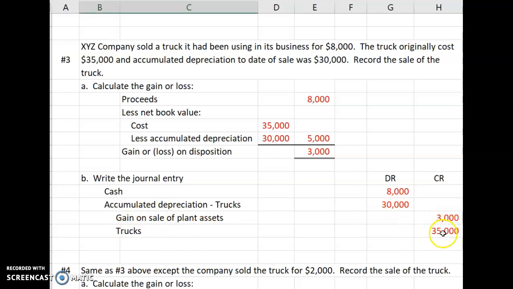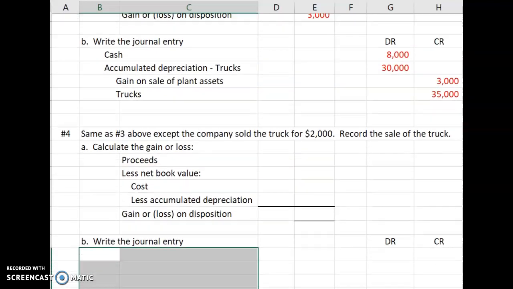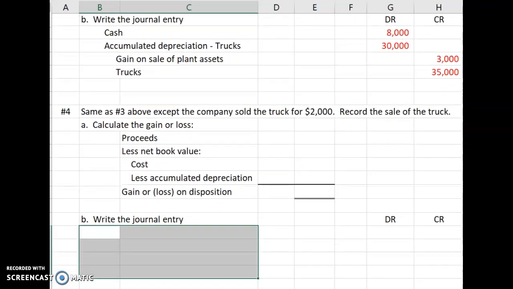That makes the balance sheet 0 with respect to that truck. The truck is totally off the books. No asset, no accumulated. We gained some cash, and we had a gain on the sale of assets, which is income.